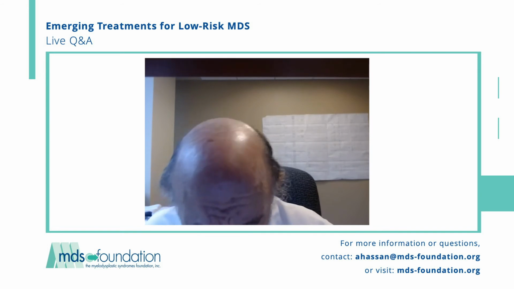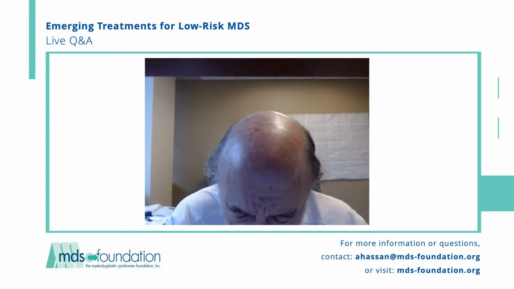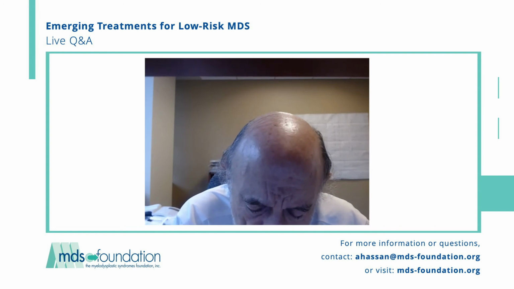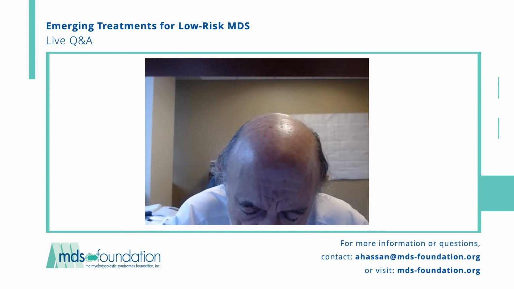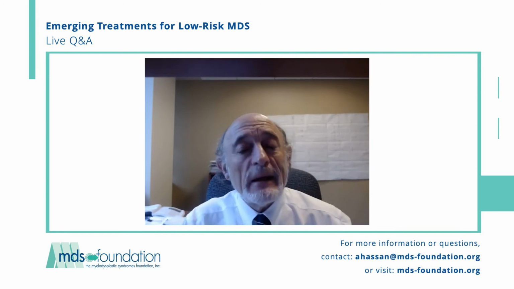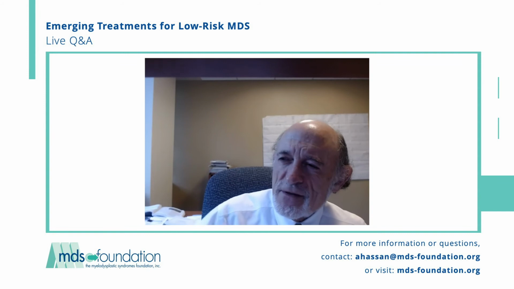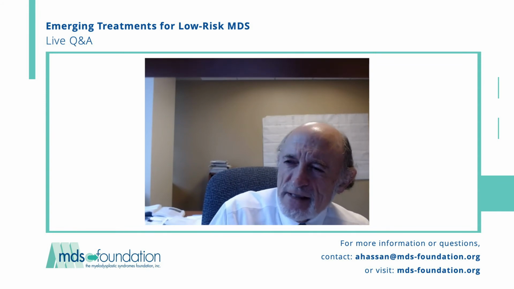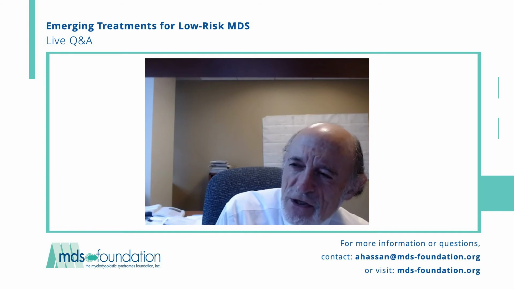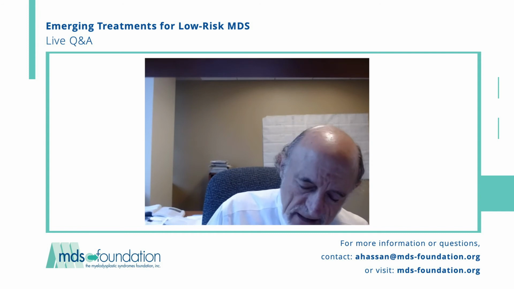If a patient with this disorder is below the age of 70, 75, one of the things to consider for the future, long term, maybe in 2, 3, 5 years' time, is transplantation in case the disease progresses.